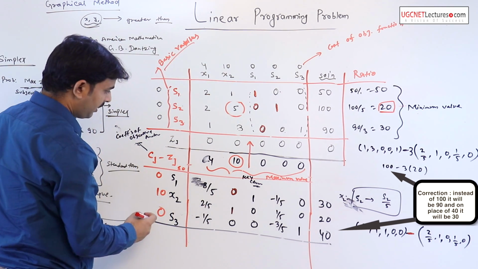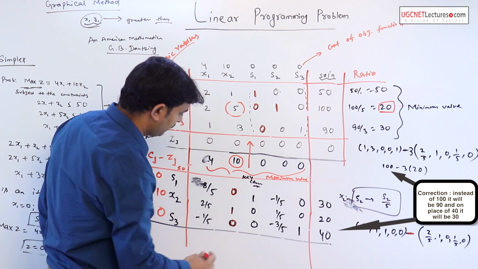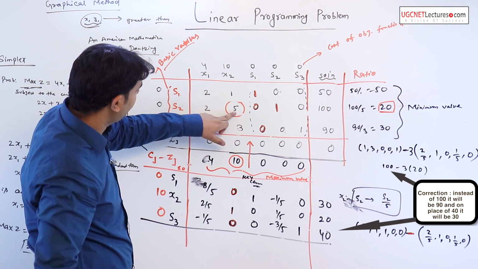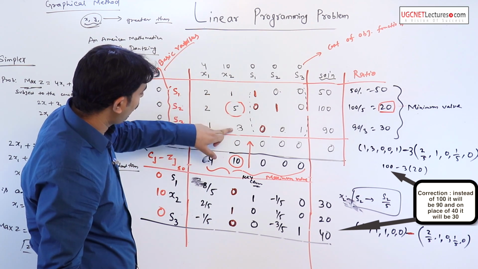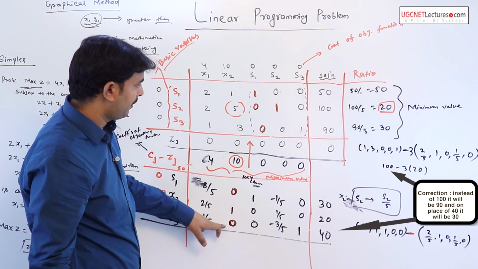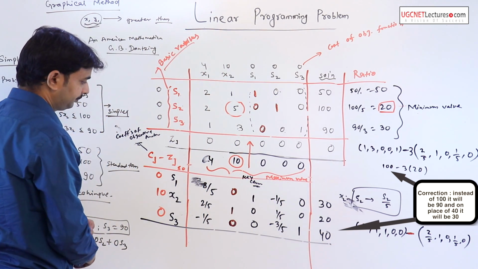So our aim is changing this key element to 1 and the corresponding column to 0 by applying the Gauss-Jordan elimination method.